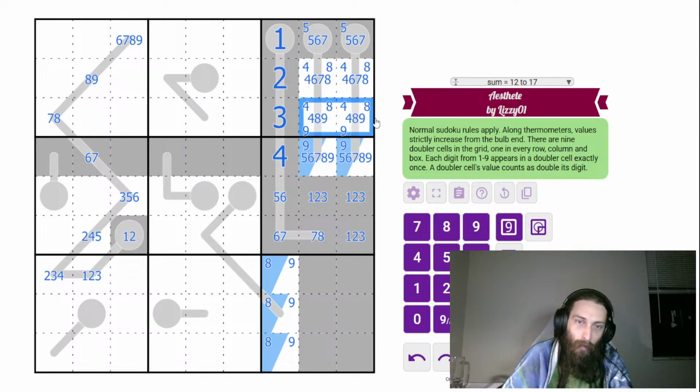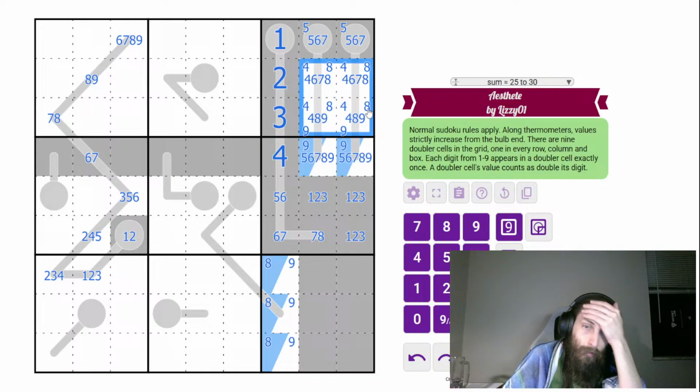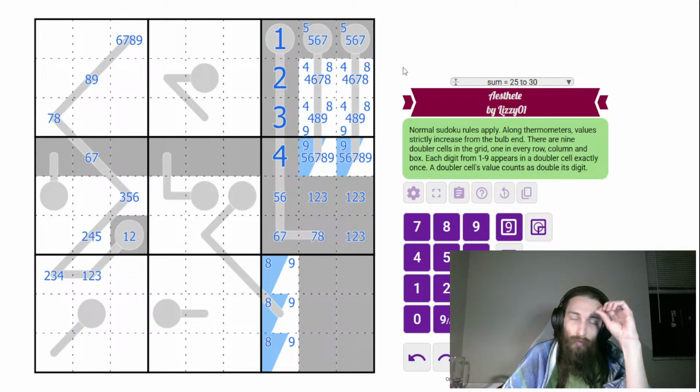This has to be 4, 8, 9. And then it's just the 6 and the 7 that we don't know where that goes between these 4. Just like we don't know where the 4 and the 8 go between those 4. Right, because the 8 could be before the 9 or beside the 9.